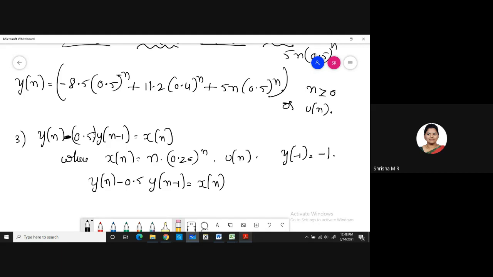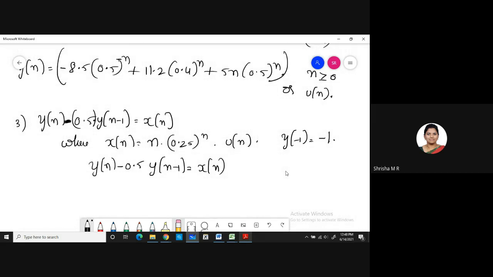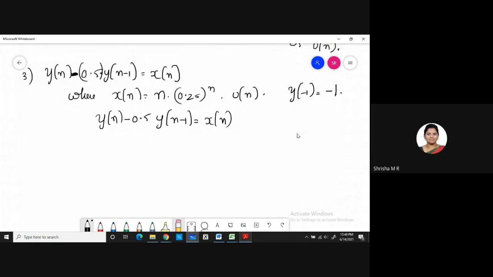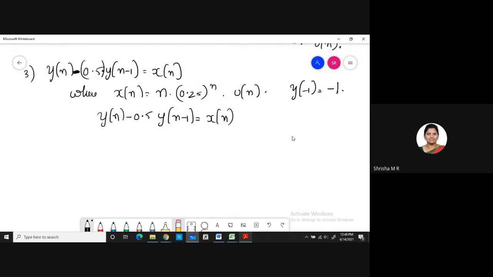I am sorry, it is minus. Y of n minus 0.5 into y of n minus 1 is equal to x of n. Do you want me to solve this or will you solve this? Okay, we'll try solving this problem.